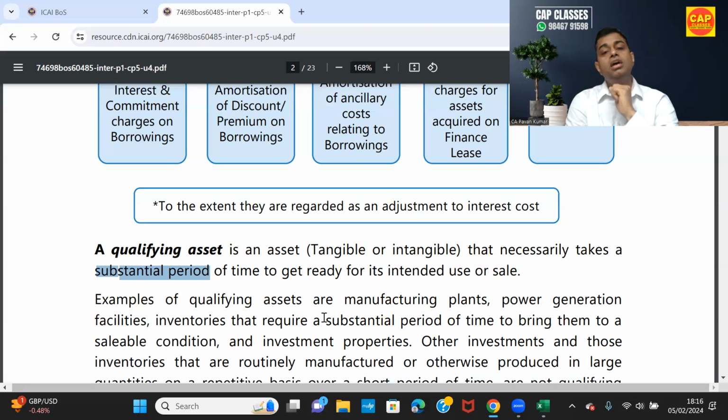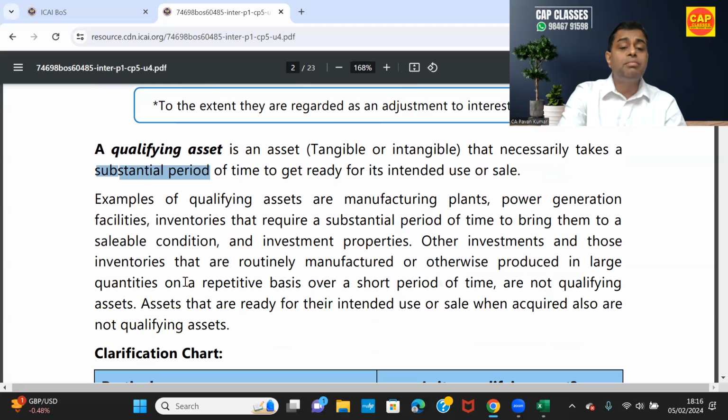The matching concept is not there, and the accounting standard definition is not met if you are charging it to P&L. That is the reason in this situation we will capitalize borrowing cost. And then they have given examples. Examples of qualifying assets are manufacturing plants, power generation facilities, and inventories that require a substantial period of time.